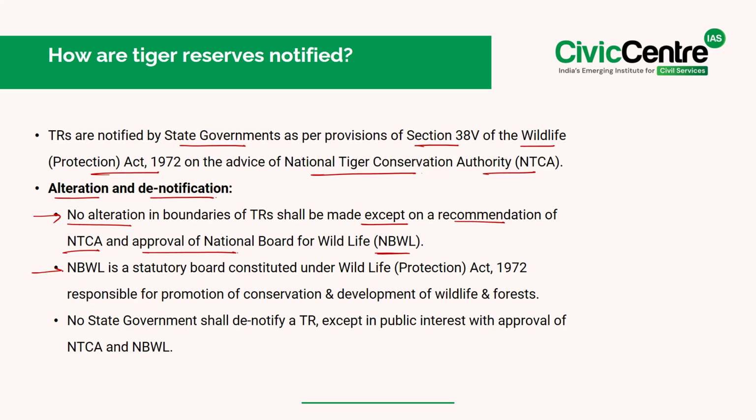Notably, the NBWL is a statutory body constituted under the Wildlife Protection Act of 1972, responsible for the promotion of the conservation and development of wildlife and forests. Furthermore, no state government shall denotify a tiger reserve except in public interest with approval of the NTCA and NBWL.